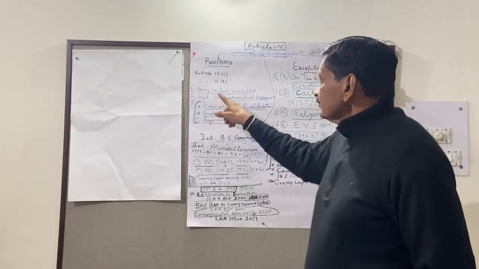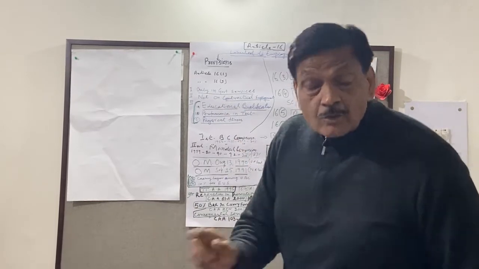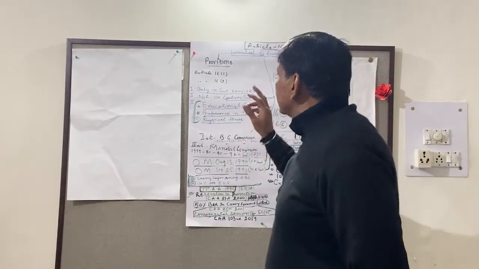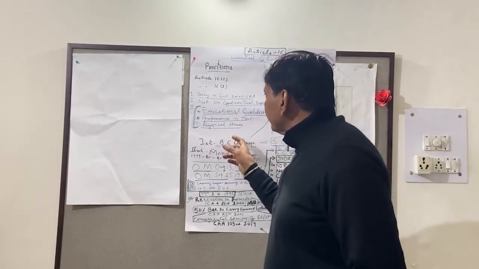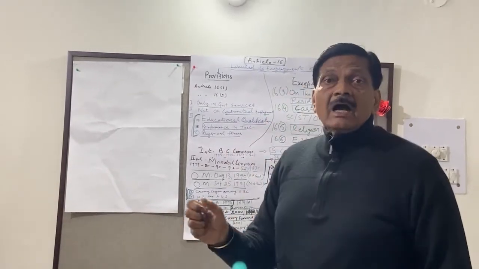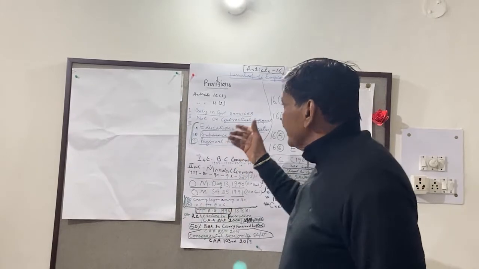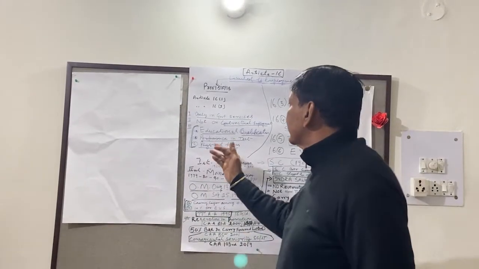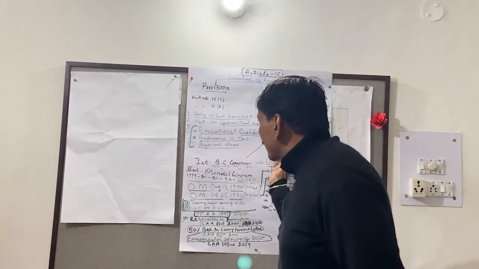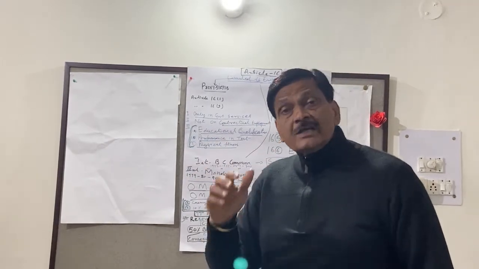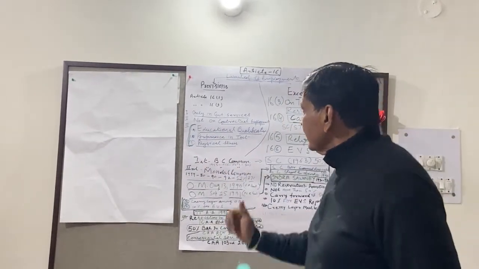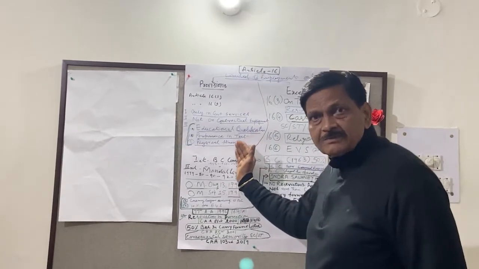Secondly, it is also not applicable to contractual services. Thirdly, state governments or central governments are at liberty to make differentiation on the basis of academic qualification, performance in the test, and physical fitness. Okay, so these are the provisions of the article.